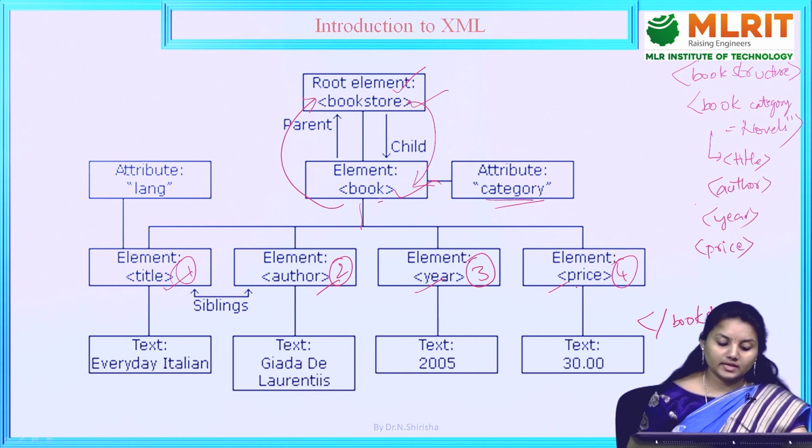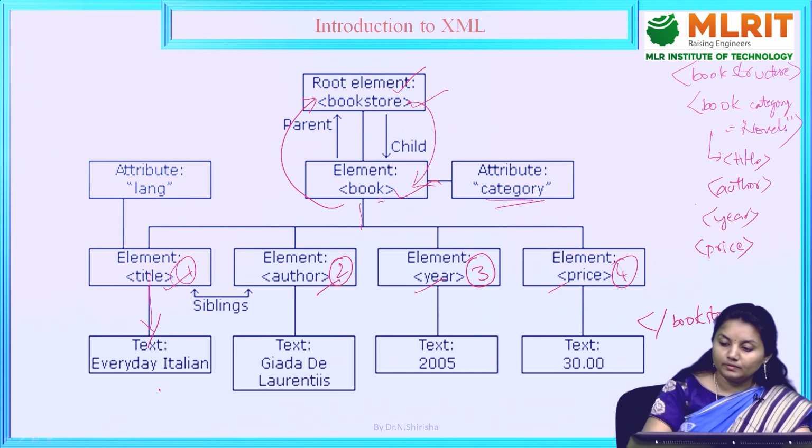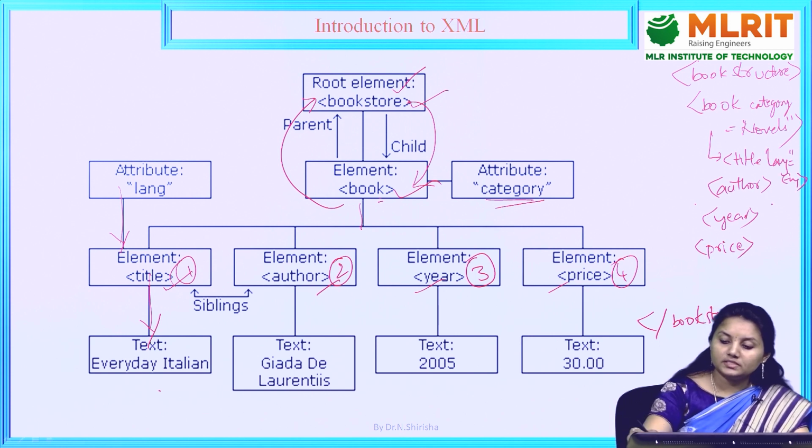So these are the tags you have given. But if you see, title is given a text, Italian, but you have one more attribute, lang. So title will have lang, and you can give English. This title tag will be given the text Everyday Italian, and close your title tag.